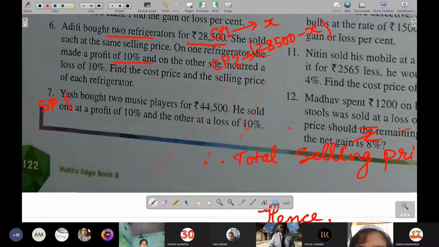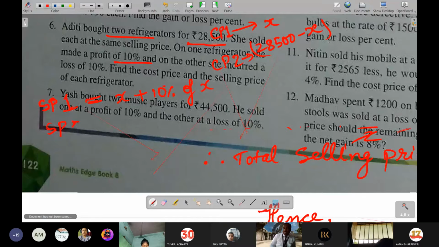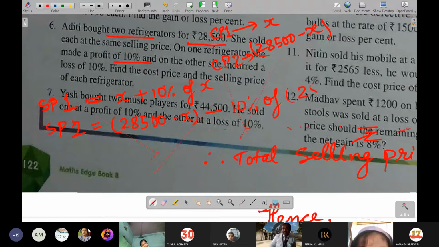So 110% of X. And in the next, SP of the second refrigerator is equal to 90% of its cost price, because there is loss. So that will become 28,500 minus X minus 10% of 28,500 minus X.